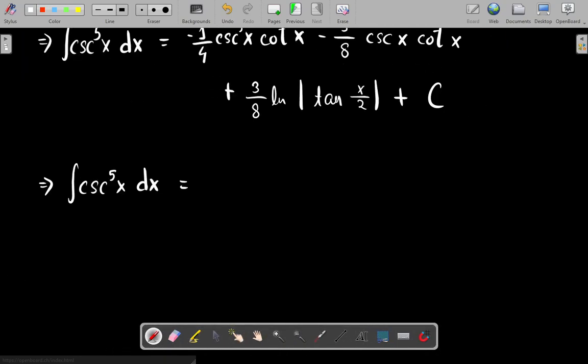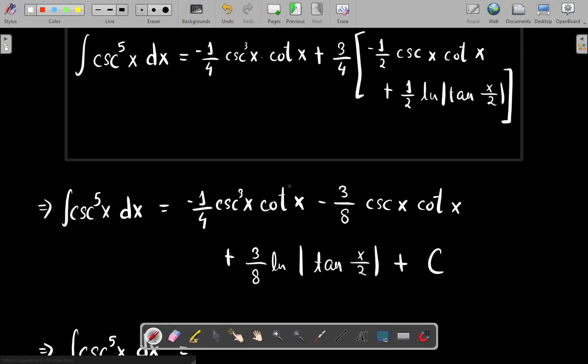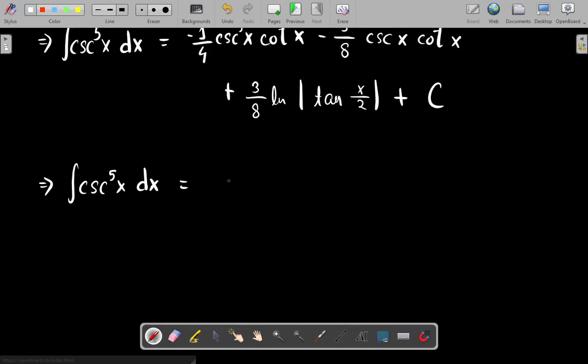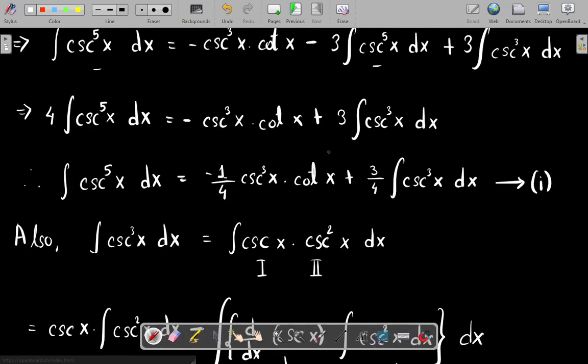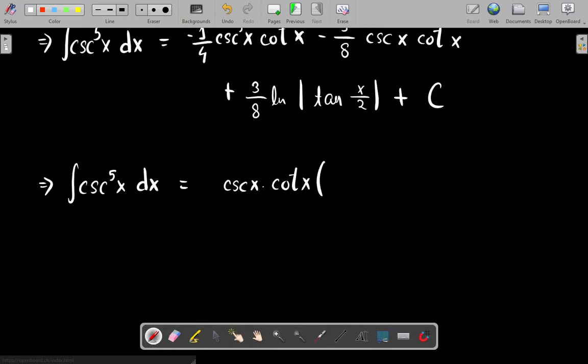So if we take cosec x and cot x common from these two terms, we have to keep cosec square x plus 3 by 2, right? So we write cosec square x plus 3 by 2.